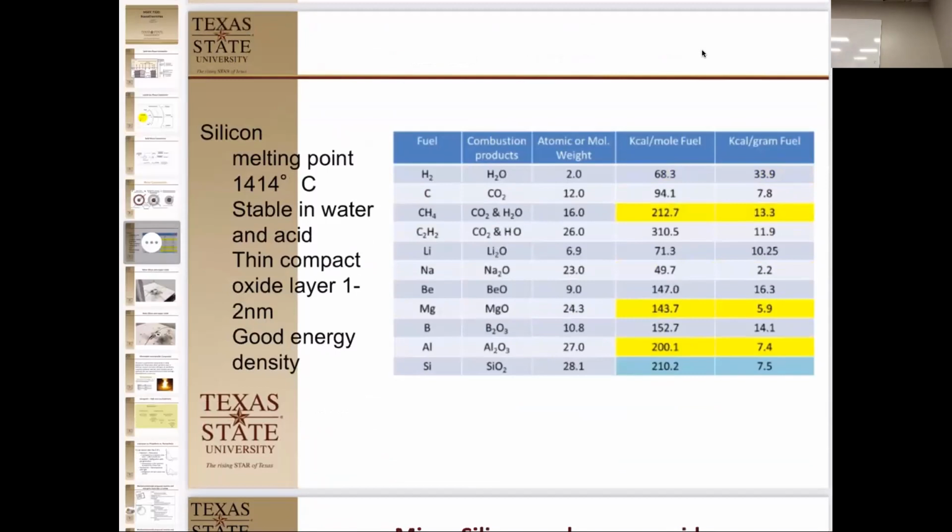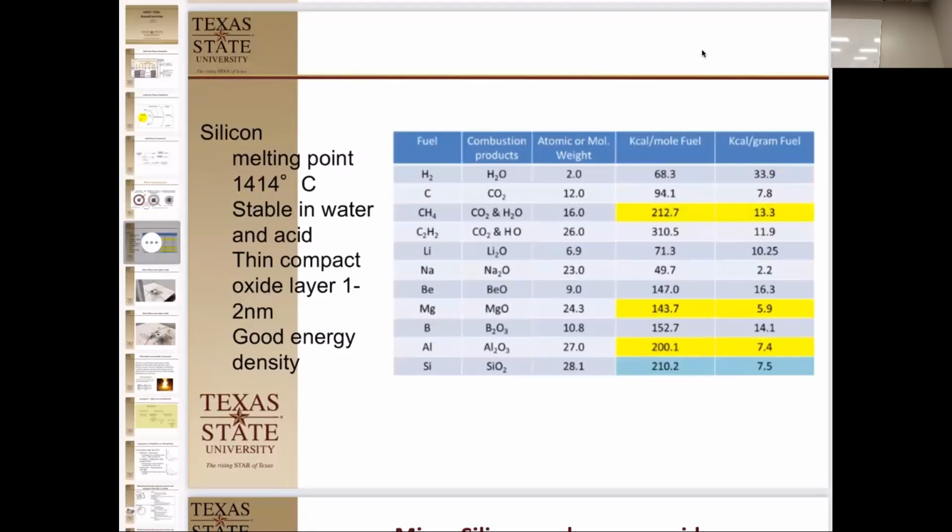Okay, energy density. Hydrocarbons have an energy density of 13 kcals per gram of fuel. So, for things like planes and cars and stuff like that, it's really good. But what if you want to do space travel or rockets? Well, now you start getting into things like magnesium, aluminum, and silicon. Now, beryllium actually has the highest concentration there, but it's actually not very common.